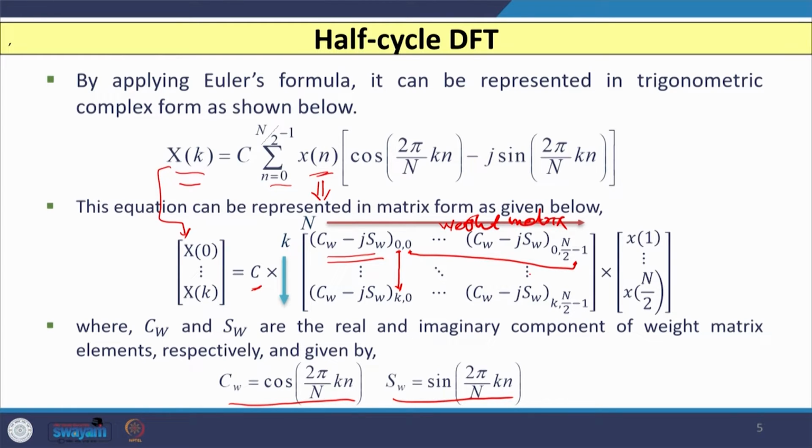In full cycle DFT, this number in the weight matrix varies from 0 to N minus 1, whereas in half cycle DFT it varies from 0 to N by 2 minus 1. Again, the x of n value also varies from x of 1 to x of N by 2, because in the half cycle DFT algorithm we are taking only half of the samples compared to the full cycle DFT.